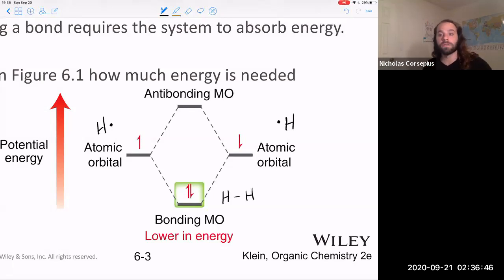Both of those electrons move into a bonding molecular orbital, right? And the key is that the bonding molecular orbital sits at a lower energy than those atomic orbitals, which means if I want to break that bond, meaning I want to separate those hydrogens back out, I have to put energy in to do so. Likewise, when that bond forms, it will release energy, okay? And this is done in the form of heat.